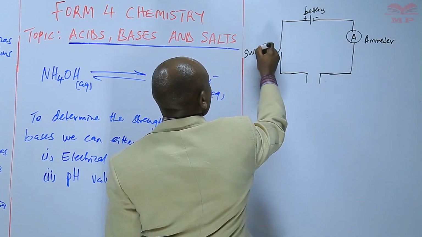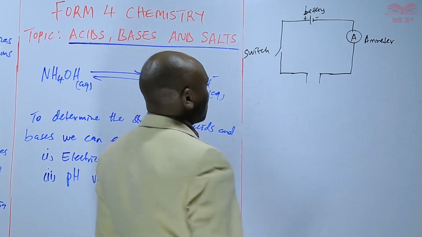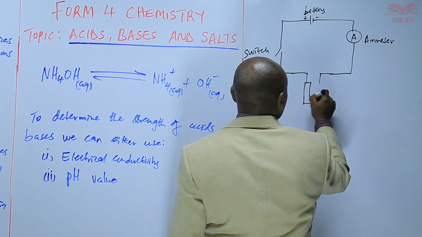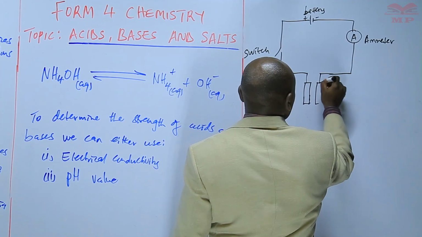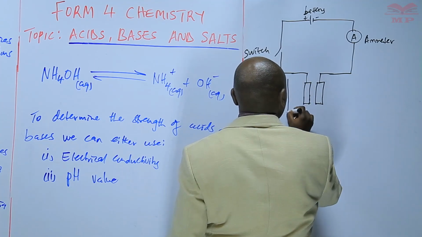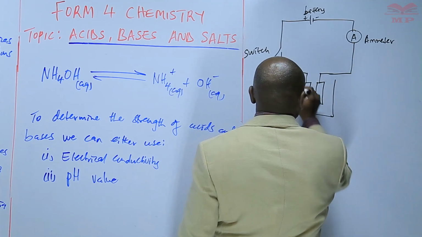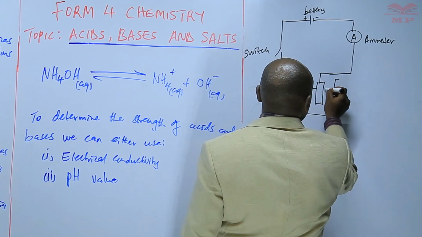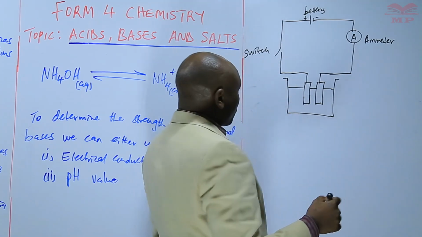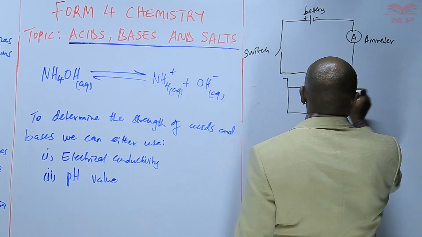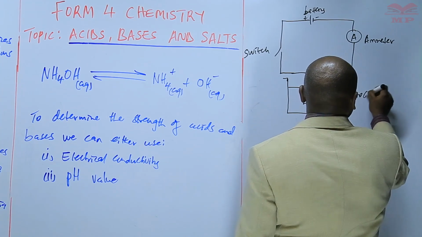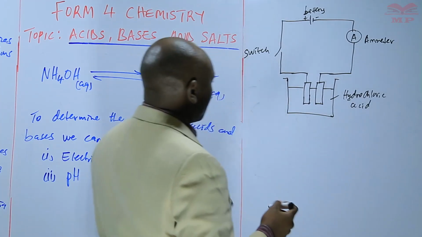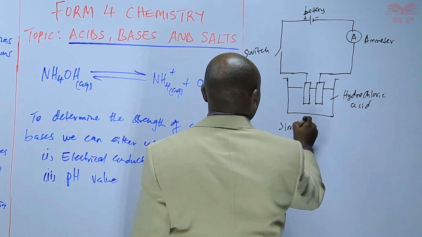We have a switch to complete the circuit, and then we can have the electrodes to bring the current into our solution. So for example, here we can have hydrochloric acid, and this is a simple circuit.